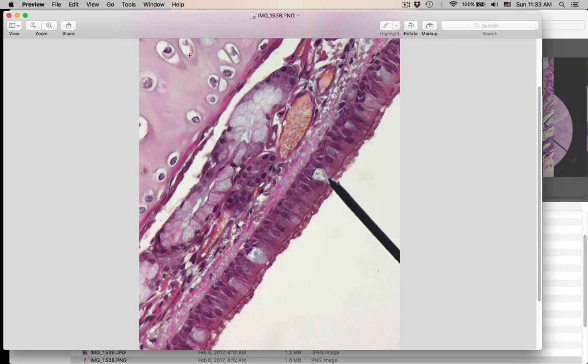In this slide, you can kind of figure it out. It's where you are. So that was number 24.